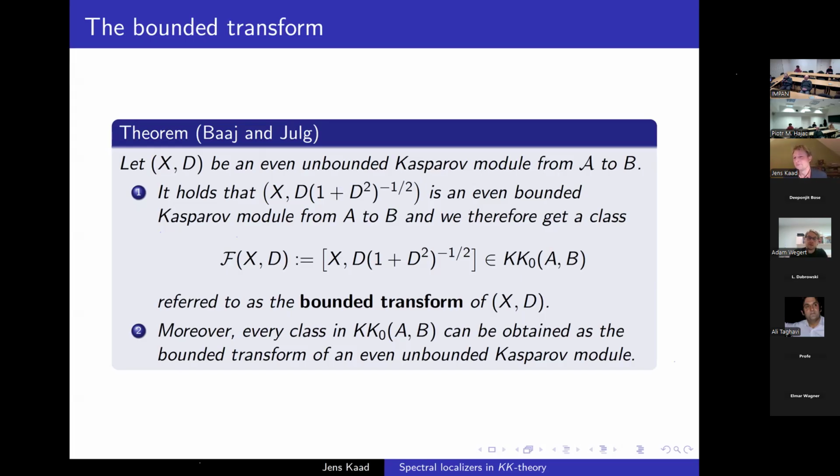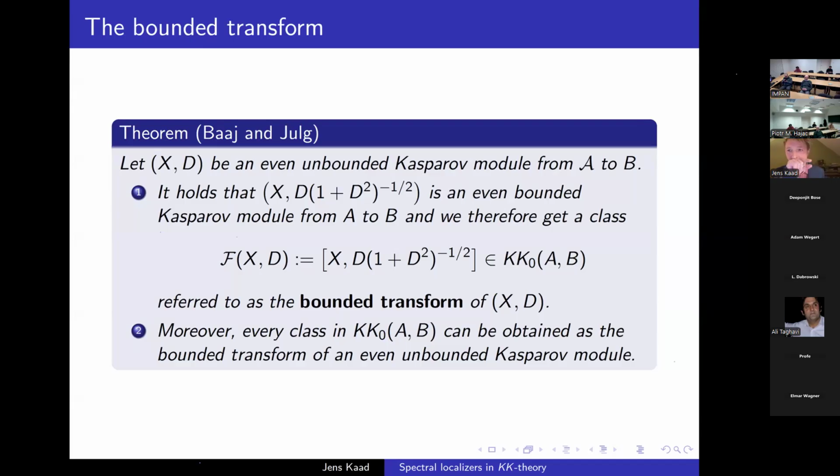Okay, doesn't matter. So you want to have some transform which is of order 0, yes? Yeah, that is the main point. And it's nice to work with this bounded transform. That's a good choice.